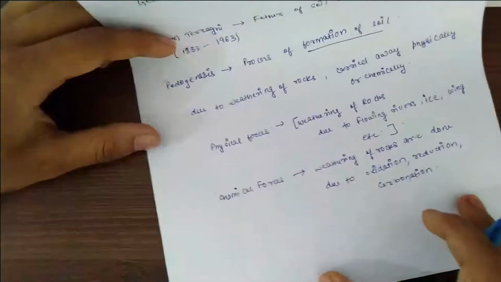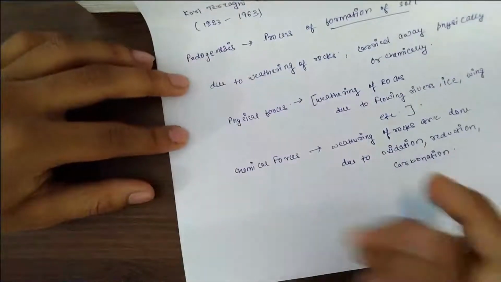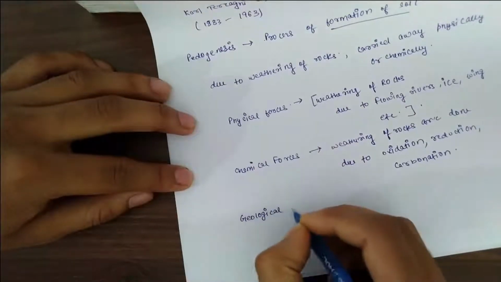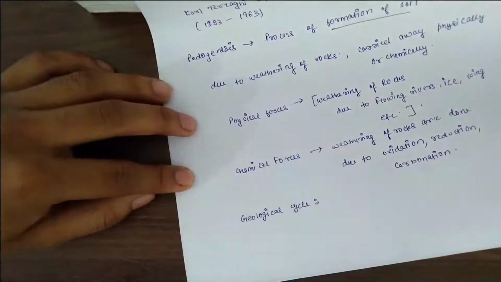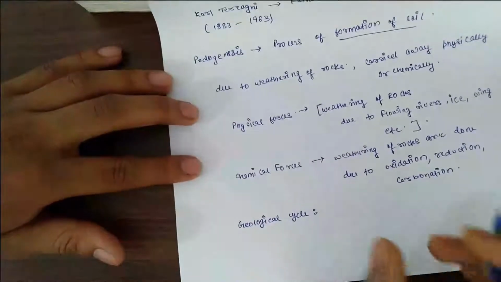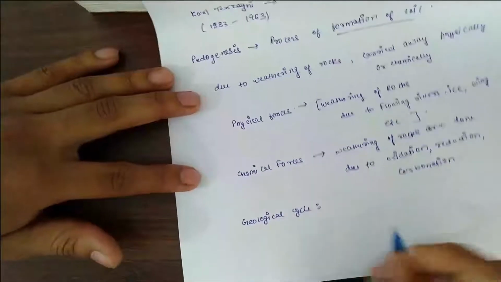Now there is a geological cycle, and this cycle tells us how rock is formed and how soil is formed from rocks.